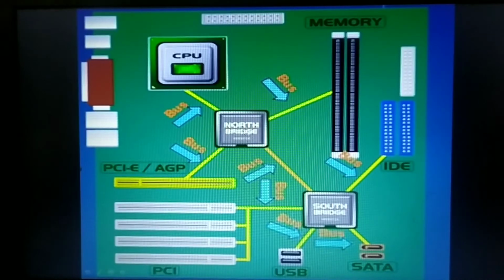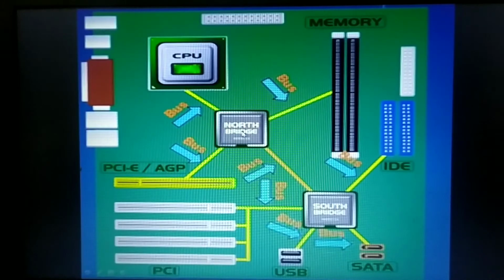Therefore the North Bridge acts as the interface among the upper components of the motherboard. It can also be called the host bridge, where it is used to manage the data communications between the CPU and the motherboard.